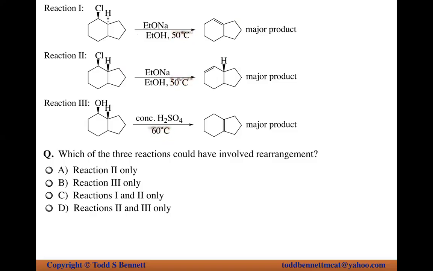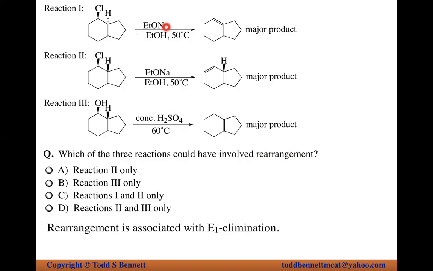Okay, so we'll consider this right here. If I use EtO-Na, that's a strong base, high temp, so it's going to go by an E2 mechanism. This one's going to be E2. Same story, E2, but an acid would be E1, and rearrangement only occurs with E1.